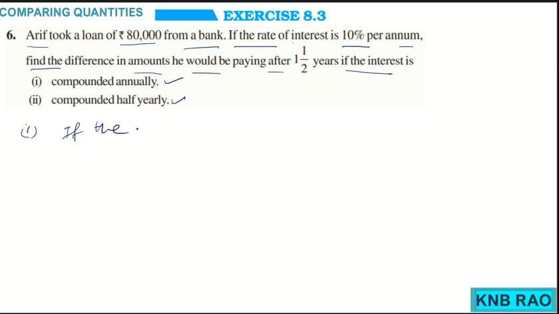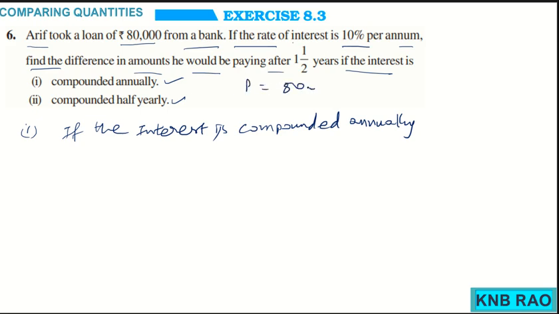if the interest is compounded annually, that means here the principal is 80,000, rate of interest 10% per annum and time 1.5 years.